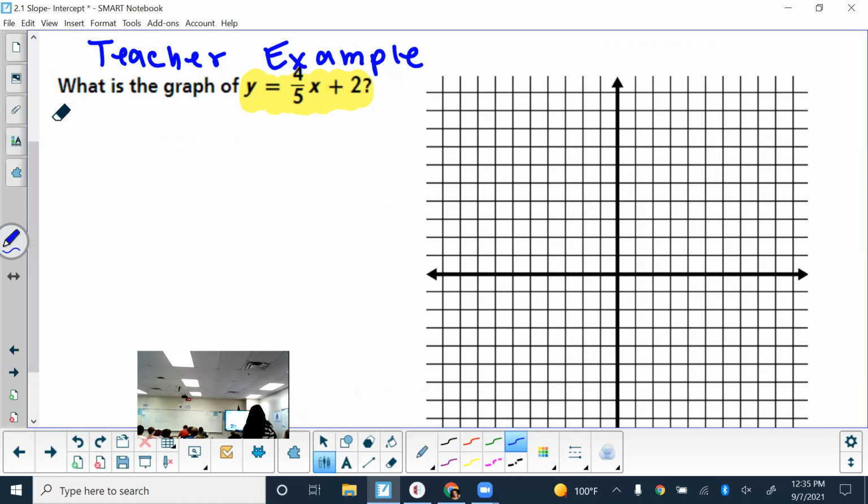All right, so for step 1, the first thing you want to make sure of to be able to graph equations is to make sure it is in slope-intercept form. So find somewhere on your paper to write this, maybe on the back side, maybe in your workbook.